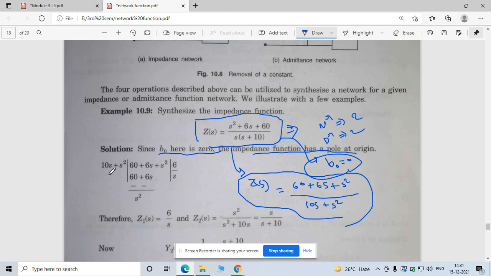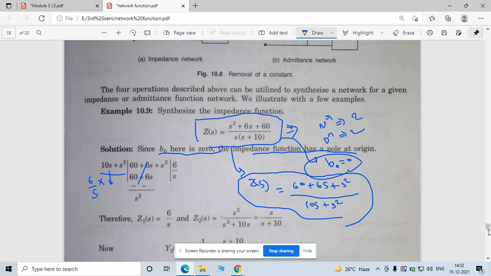So divide the numerator by this denominator. You have to do such an arrangement. You have to multiply this equation by 6 by s, so the first term gets cancelled out, and what you get is s square.